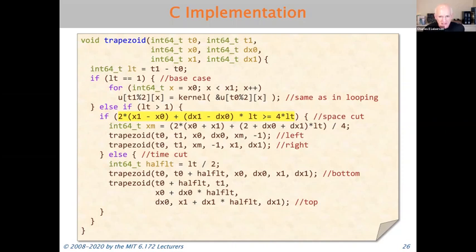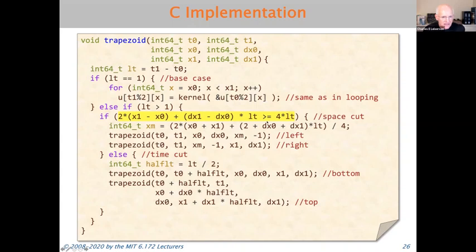And that's just a little algebra. Here I've given the formulation that does that comparison. It's not exactly the width and so forth. I didn't compute width because if you multiply it out, this is actually the comparison that you want to do. Other than that, there's the base case. It basically just executes the kernel, and otherwise we make the comparison.